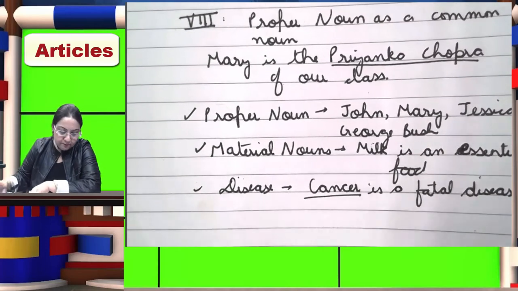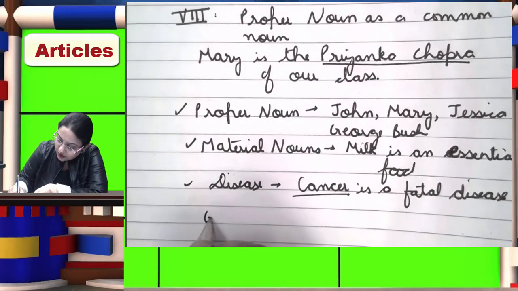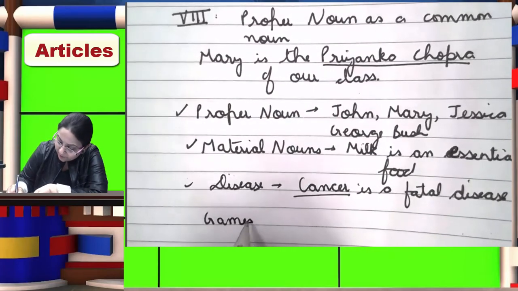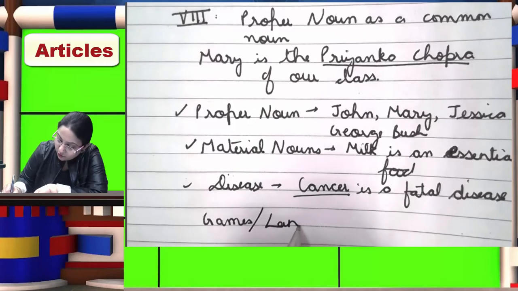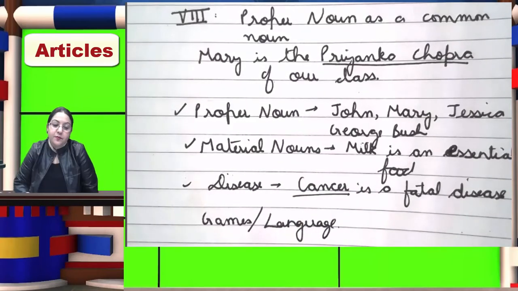Now continuing this part, we also do not use any article whenever we are talking about the name of any game, or any language. I will say, I can speak Hindi and English. I will not say, I can speak the Hindi and the English.